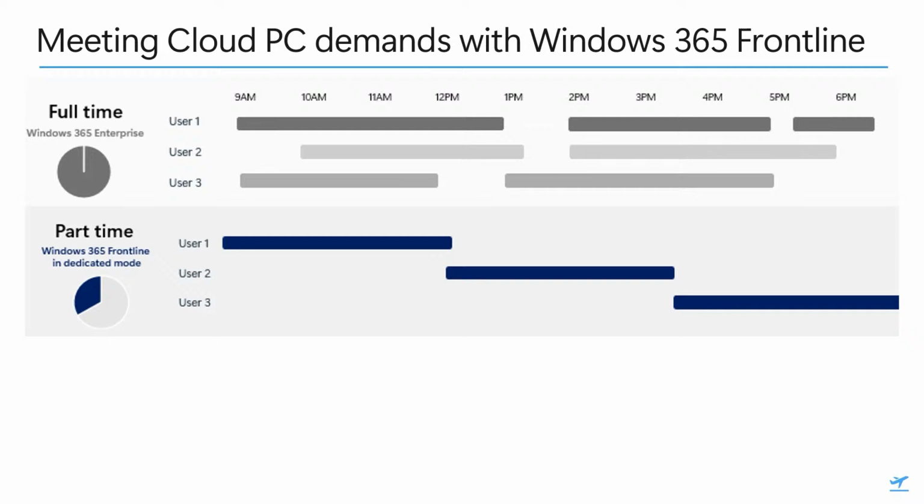And for those types of workers, oftentimes having a Cloud PC available for them all the time, and licenses for them, is not exactly needed for the organization and does not meet their cost need. And so with these types of users in mind, we introduced Windows 365 Frontline in dedicated mode. Windows 365 Frontline in dedicated mode is essentially what we released the product with initially. And I'll talk a little bit about what it is exactly in a bit.